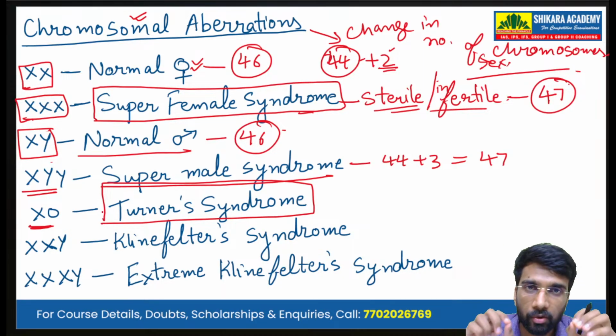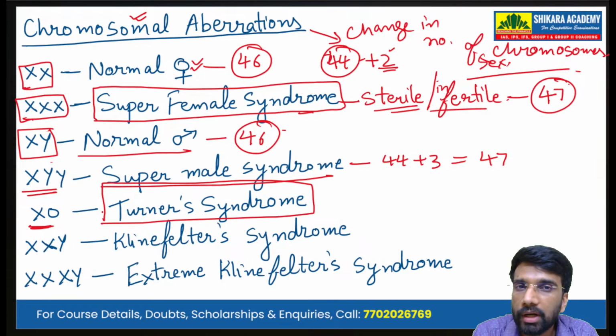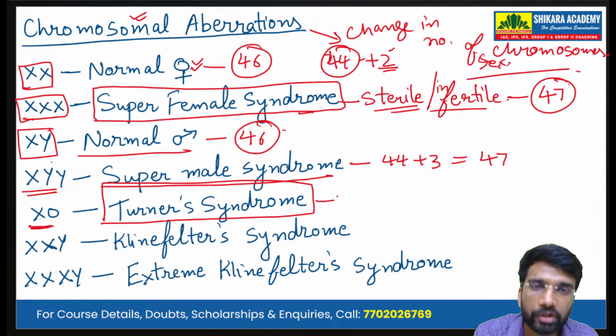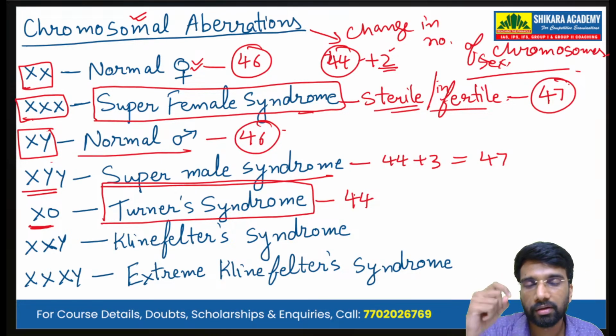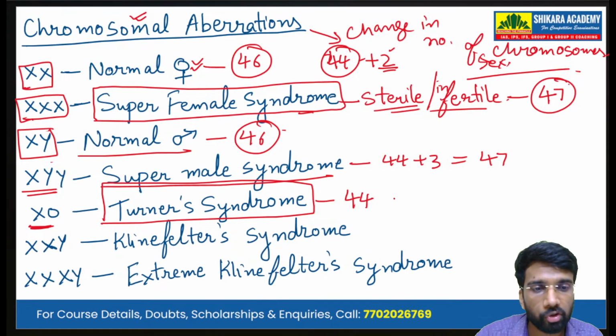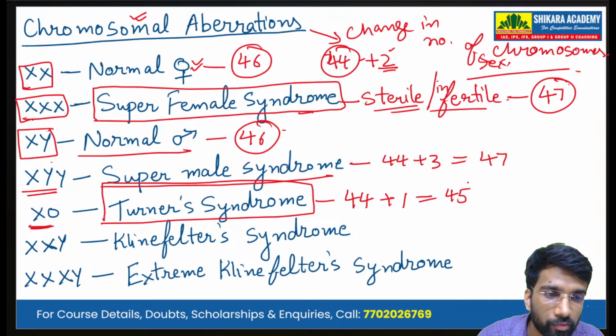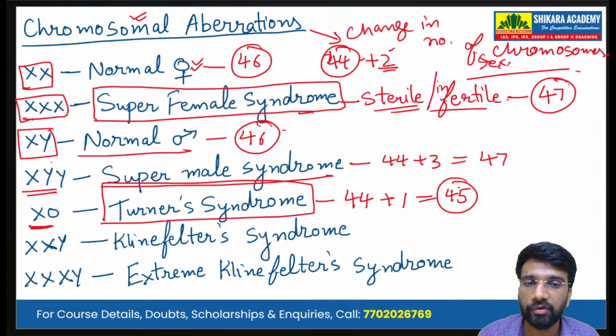Can you guess the total number of chromosomes? Because one chromosome is dropped off, it is 44 autosomes plus one sex chromosome, that is 45 chromosomes.